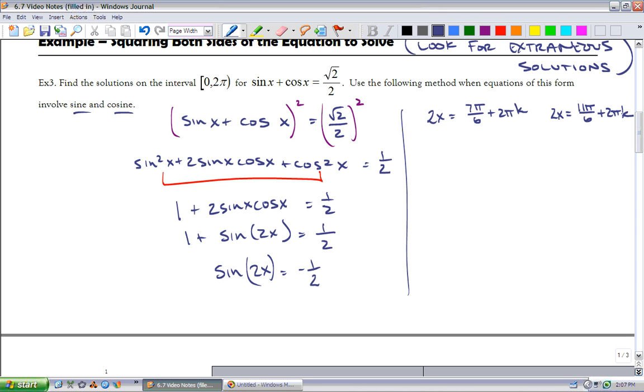Then, similar to what we did in the review there, the warm-up, I'd multiply by 1/2, end up with x equals 7 pi over 12 plus pi over 2 pi over 2, which will just be pi k, and the other solution here would be 11 pi over 12 plus pi k. That would be my general solution.